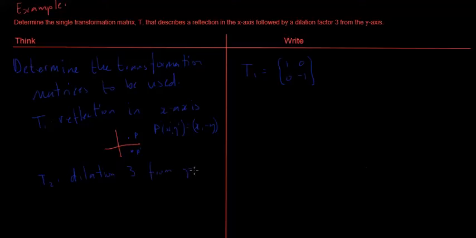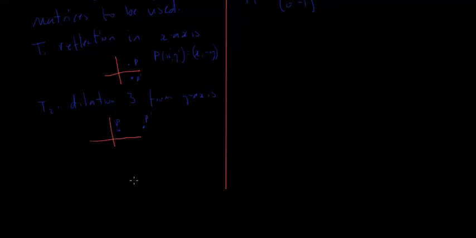Alright, if we're going from the y-axis, we're thinking, if there's an initial point here, let's call that P. From the y-axis means we're starting at the y-axis and moving from it, so we must be going out this way somewhere, so P dash must end up here. That means that we're going parallel to the x-axis, and parallel to the x-axis means that the dilation matrix needs to impact upon the x-coordinate.